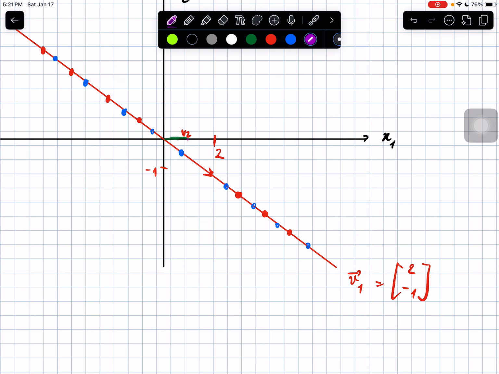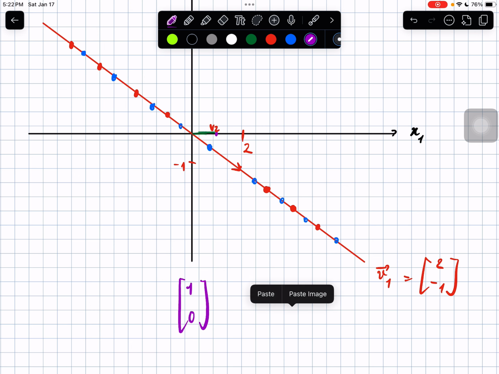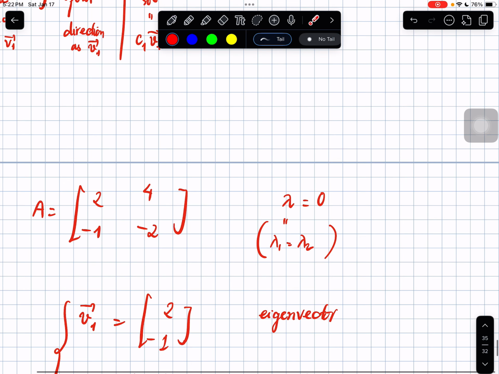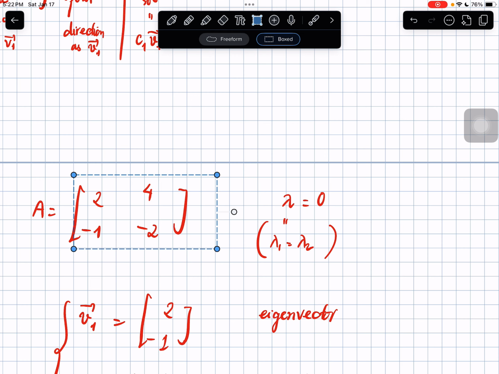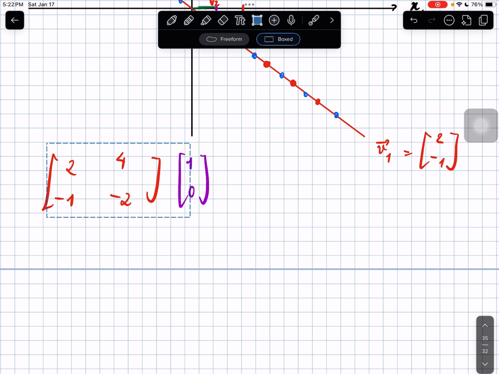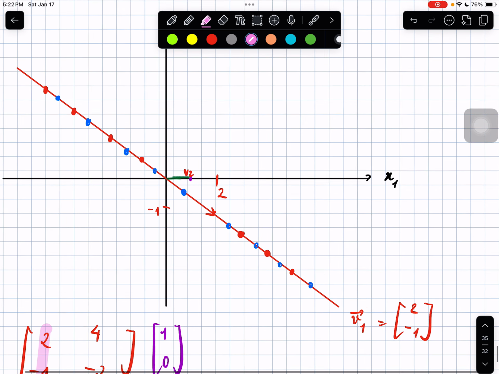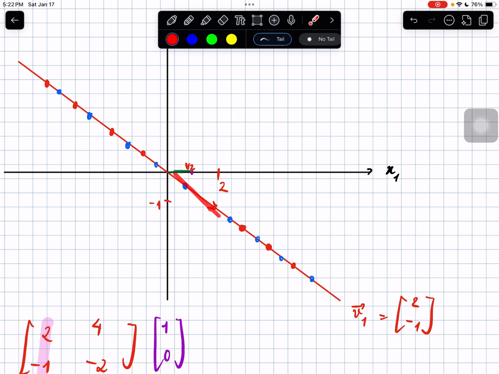Say we want to check at the point (1, 0). The matrix is [2, -1; 4, -2]. Then this point gives us (2, -1), which is a vector pointing down.